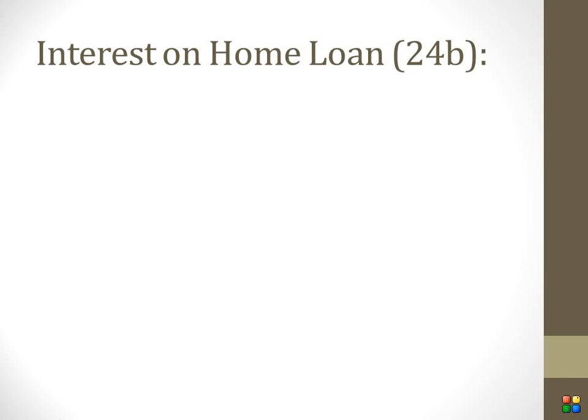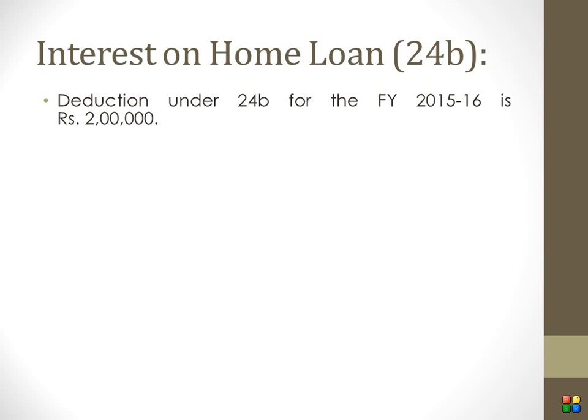The income tax department comes with a solution: they will allow deduction of the home loan interest from the income of the individual. So the first point is deduction under 24B for the FY 15-16, which is up to rupees 2 lakhs.